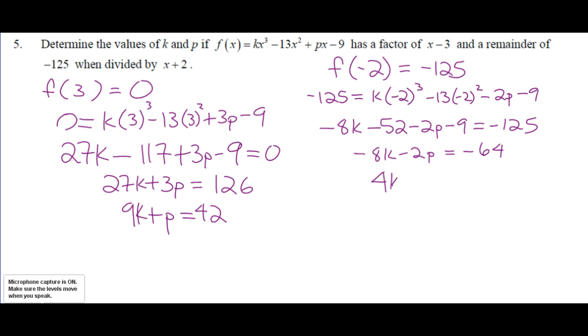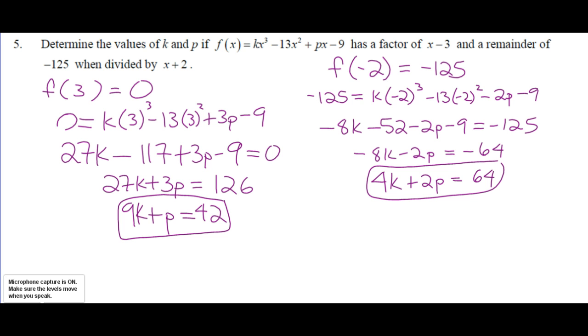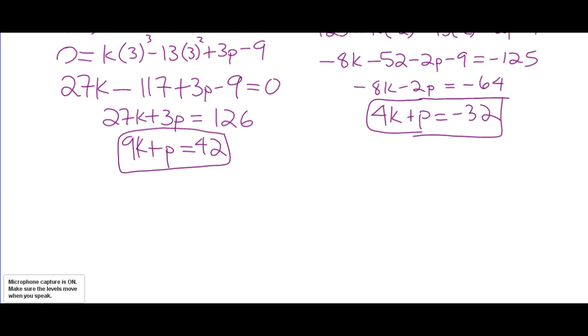And let's go 4k plus 2p equals 64. Wrong? What's wrong? You reduce the 8, but not the 2 or the 64. Oh. The 64. Much easier if we... There we go. All right, so then what?